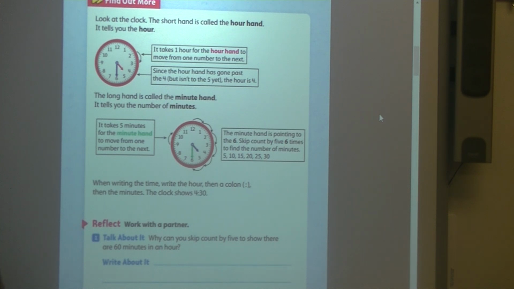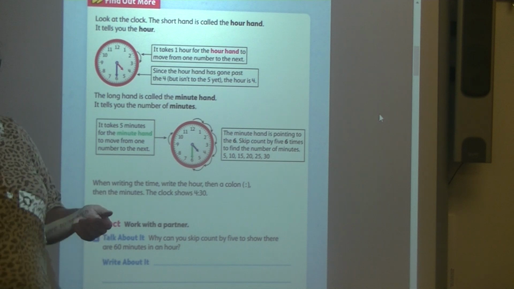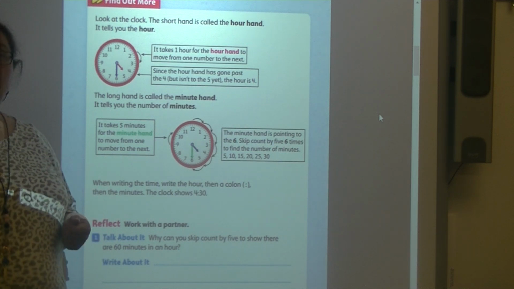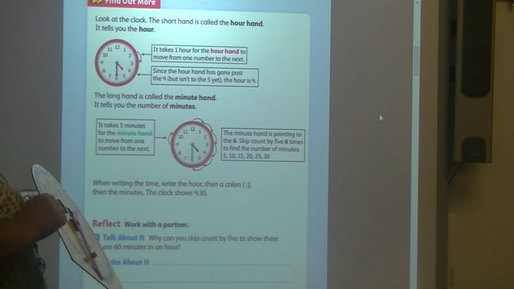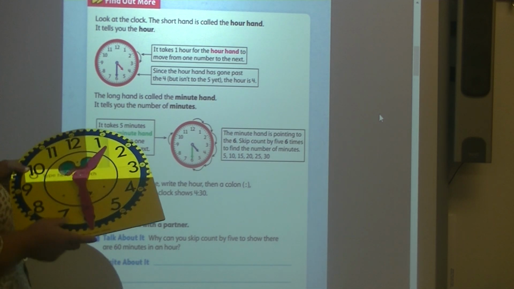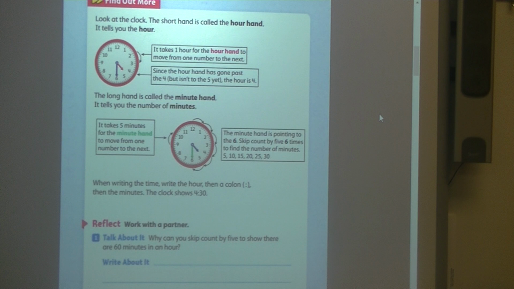Now, let's try to make some times to the 5 minutes on our clocks. All right, let's look at Miss Spire's clock.